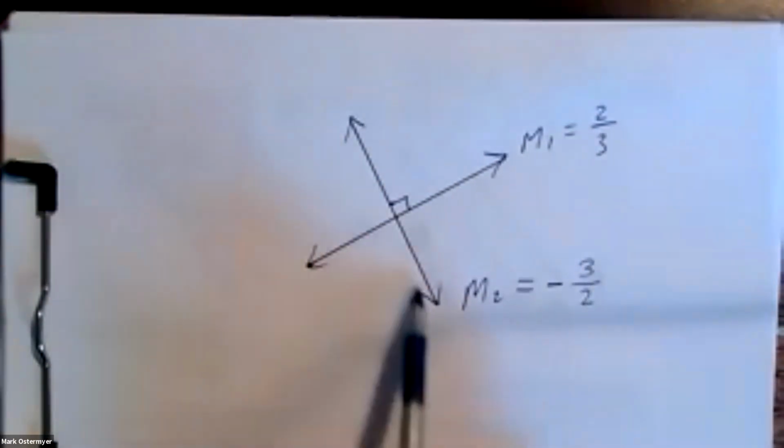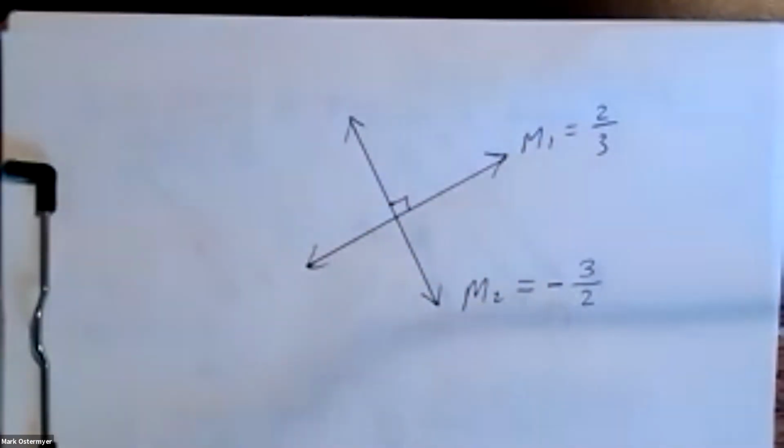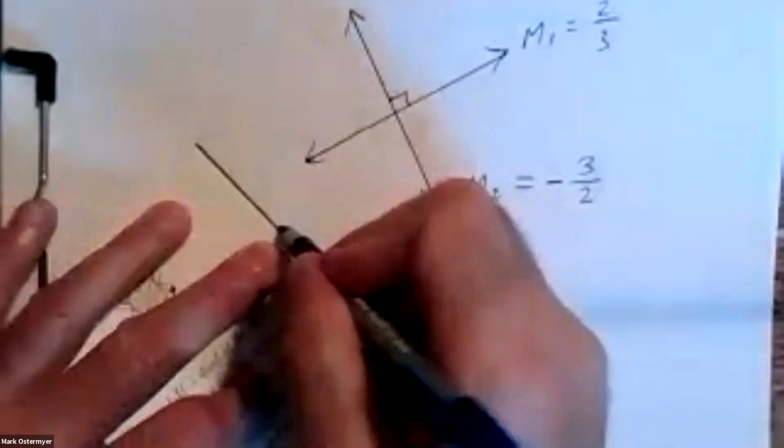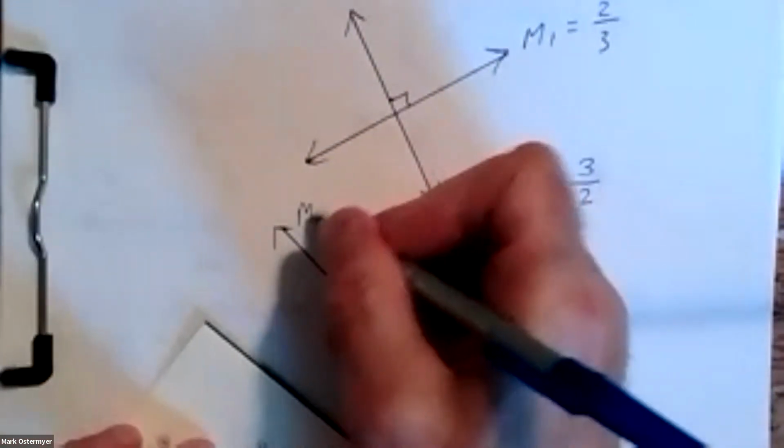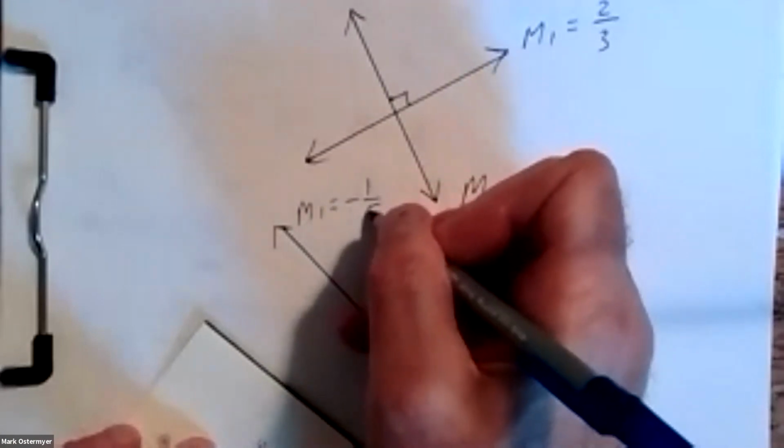These two lines we would say are perpendicular because their slopes are negative reciprocals of each other. Got to be negative reciprocals. So if the slope of this line here is negative 1/5, what's the slope of its perpendicular line?